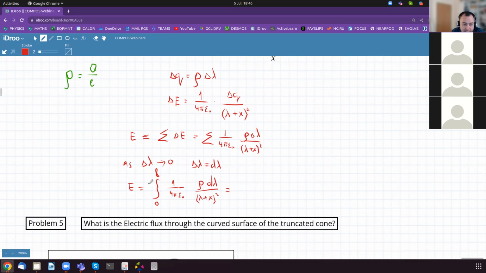Rho is a constant, so I can take it out. So it's going to be rho over 4 pi epsilon naught, integral from 0 to L.